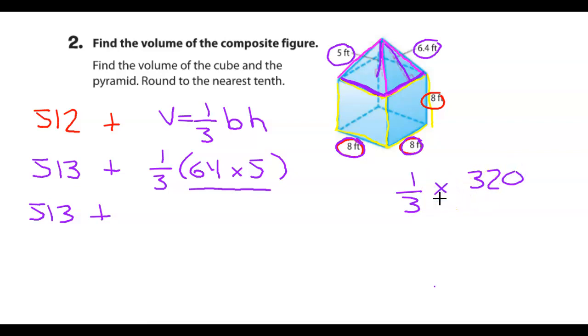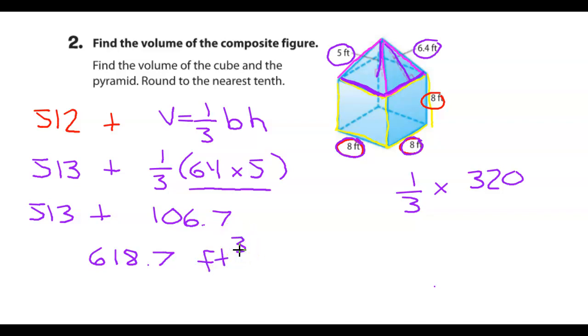So that's going to give us 106.6 repeating. So let's make this a 0.7 instead of 0.6 repeating. Then we'll just add those up, and that's going to give us 618.7 cubic feet. So we'll just say feet cubed.